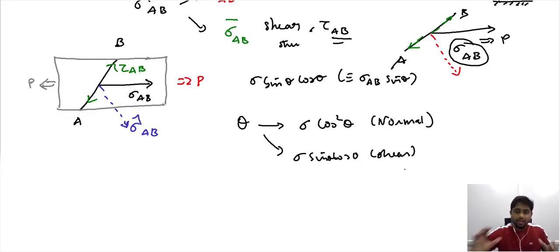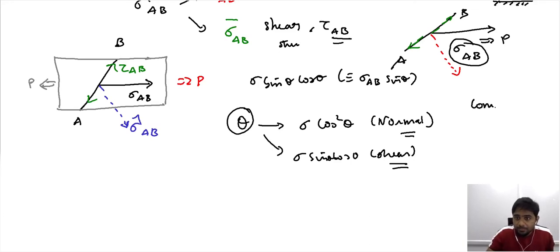All this emerges because our plane is inclined by an angle theta, so this is the splitting up of the components of stresses into the normal stress and the shear stress. These are possible because we have a valid theta.